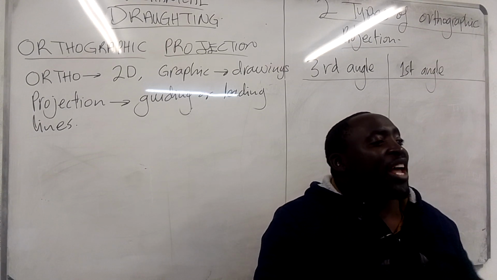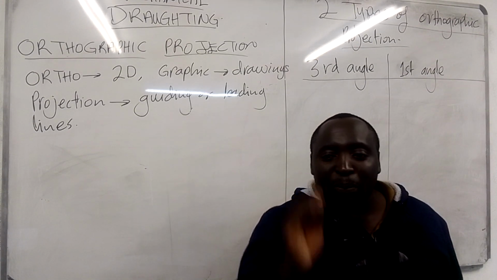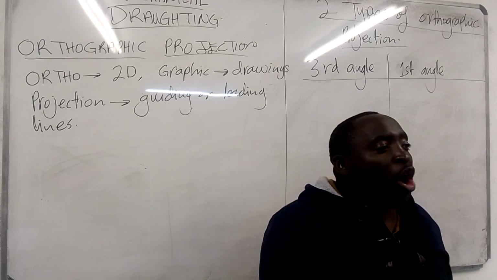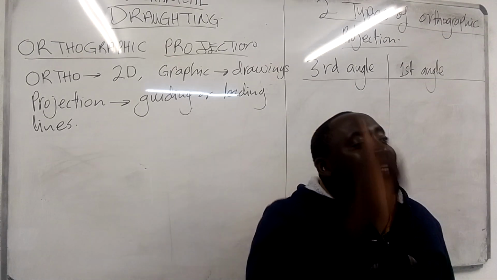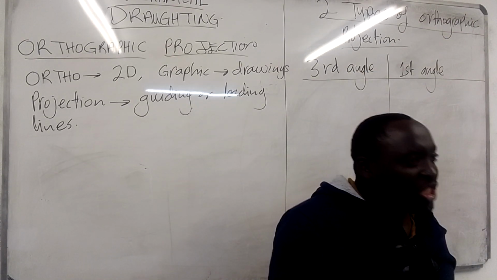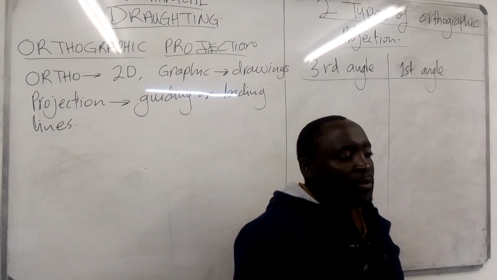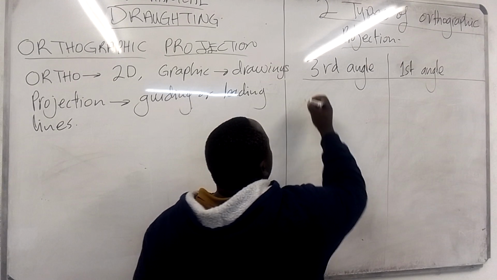If you are looking from the left, draw on the left. That is what it means by third angle projection. You don't swap the views. Are we together? You don't swap the views. Maintain the position of the views. Does it make sense?